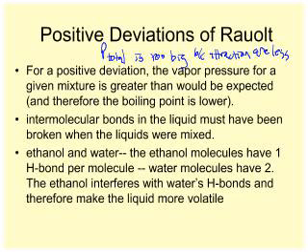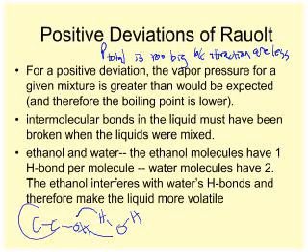So, for example, ethanol, CH3CH2OH, and water, H2O. Obviously, you can have hydrogen bonding here, but this part right here is a big nub of nothing. This big nub of nothing interferes with water having as many hydrogen bonds as it would like. That means the attractions are less than they should be.